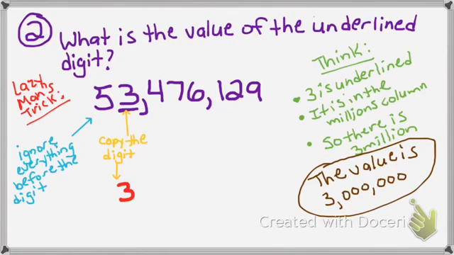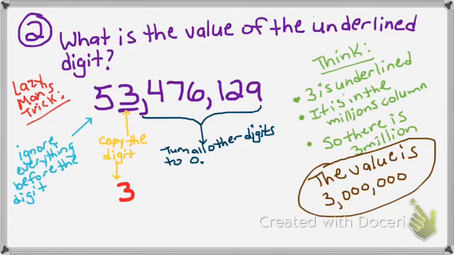Now we focus on everything that comes after the underlined digit. In this case, it's 476, 129. And we turn all the digits that come after the underlined digit to zeros. When doing this, be sure to keep the commas where they belong. So after my 3, which was underlined and I copied, I have a comma. I'll write it down. 4 turns to 0, 7 turns to 0, 6 turns to 0.